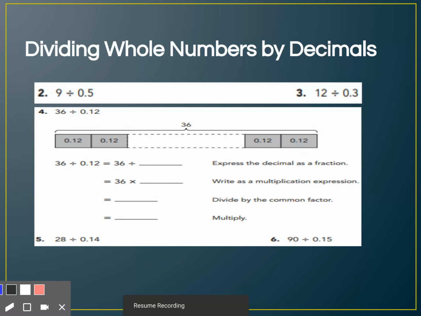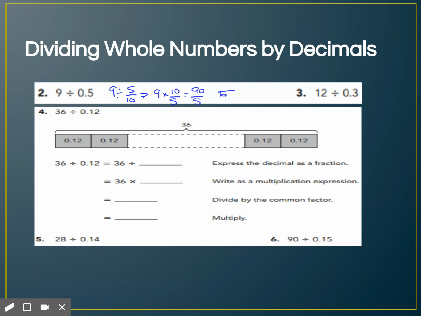Okay, let's try number 2, 9 divided by 0.5. I'm going to do 9 divided by 5/10, which changes to 9 times 10/5, which equals 90/5.